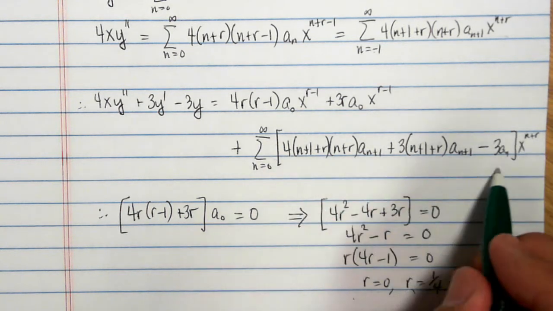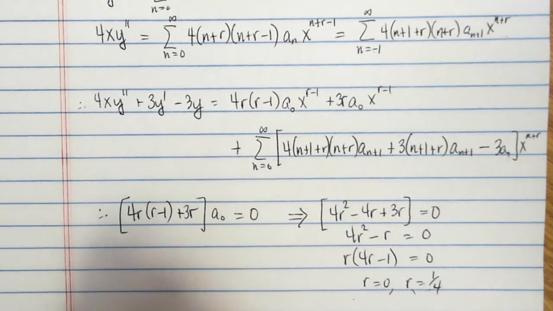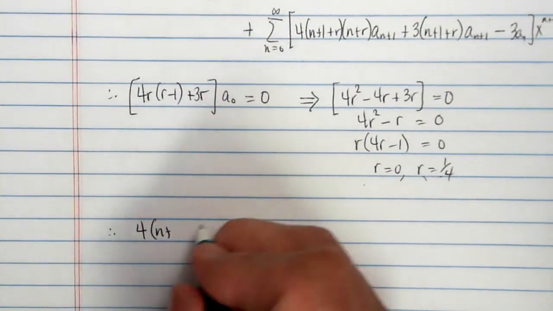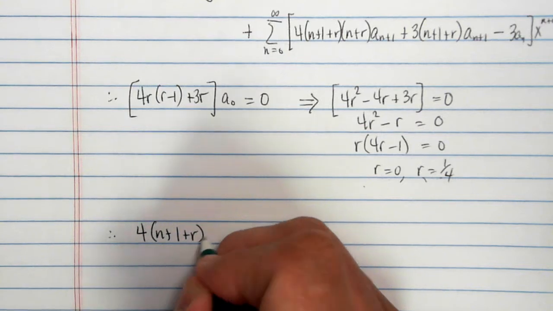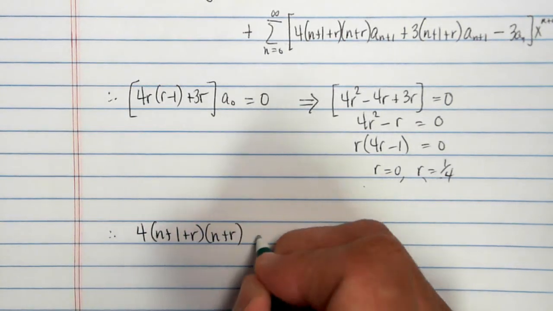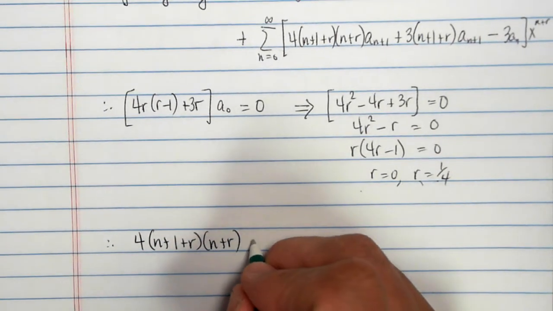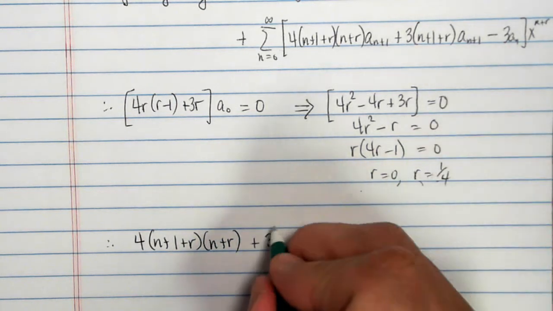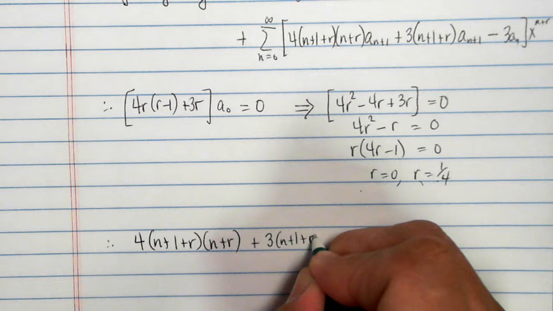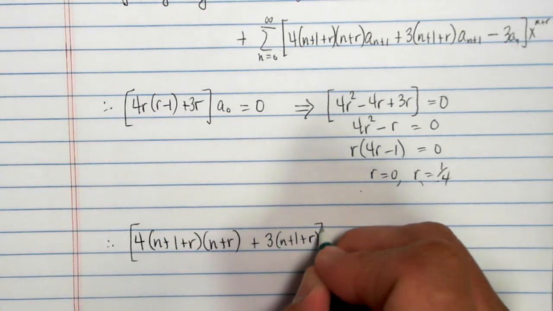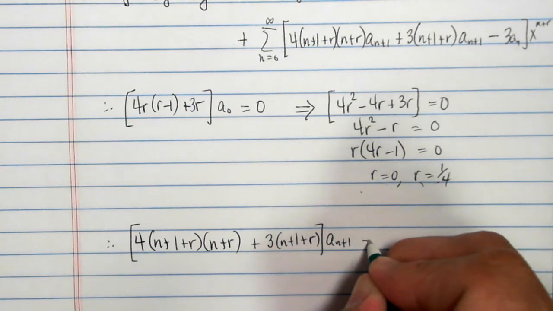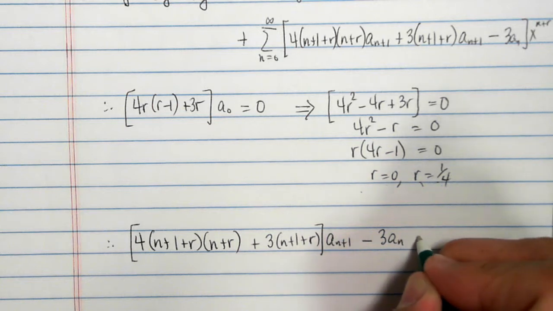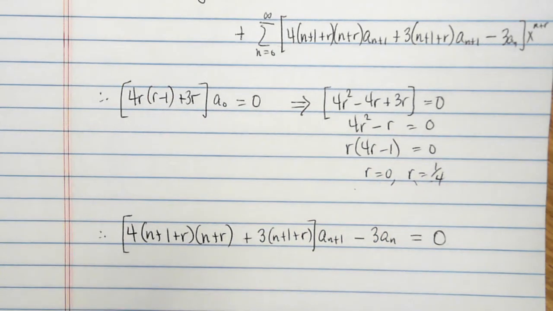Now looking at this part, I get 4 times (n plus 1 plus r) times (n plus r) a sub n plus 1. Then I have another term, 3(n plus 1 plus r) a sub n plus 1, minus 3a sub n, which is supposed to be equal to 0.